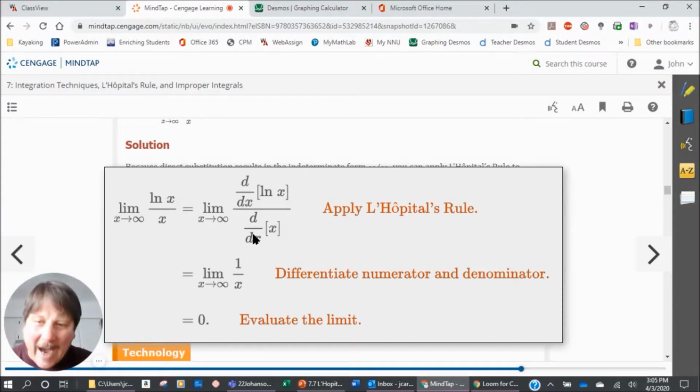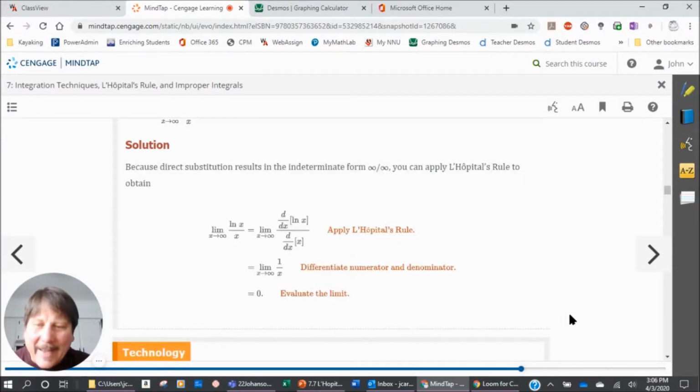Most people would not write that step, but the derivative of the natural log of x is 1 over x, and the derivative of x is just 1. So then you can do direct substitution. You actually end up with 1 over infinity, which does equal 0. Easy peasy.